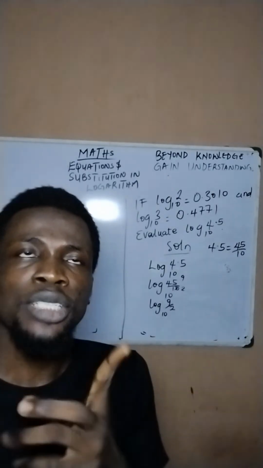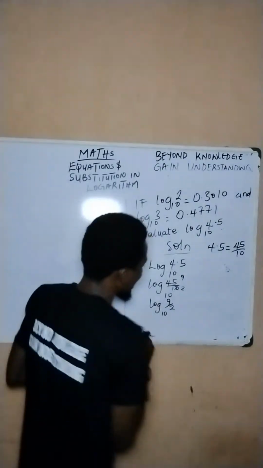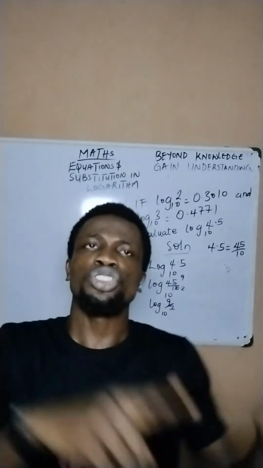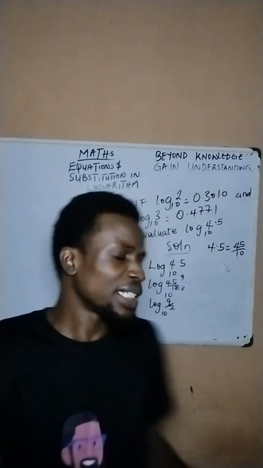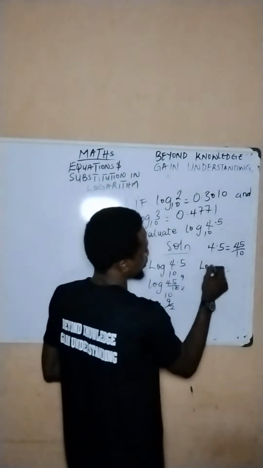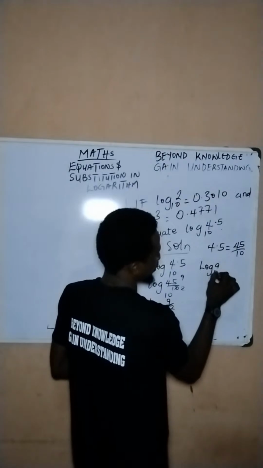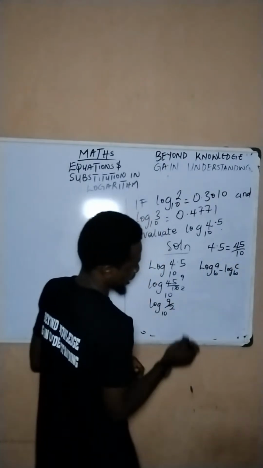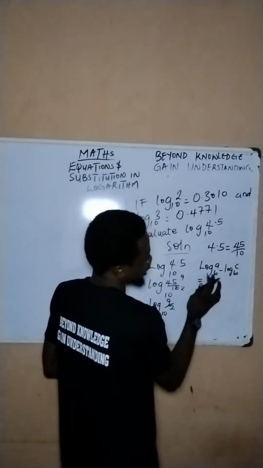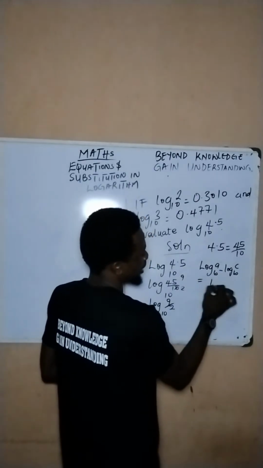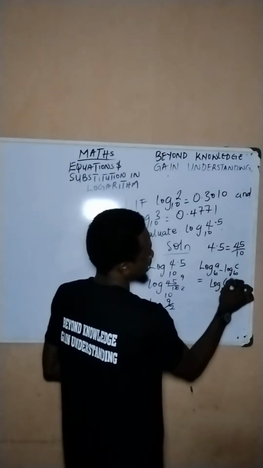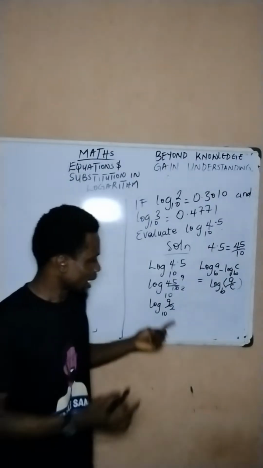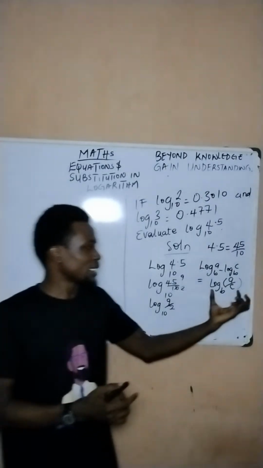Since we're working backward and we're having division here, I know that under the subtraction quotient law of logarithm, log a base b minus log c base b is the same thing as log of a over c, since the bases are the same. So this form is already in this form.